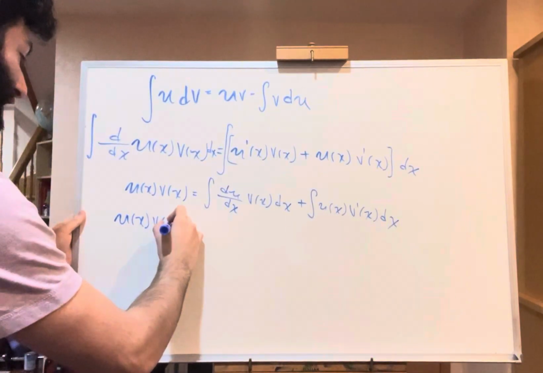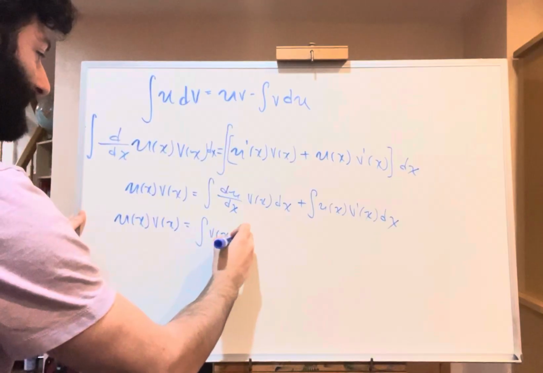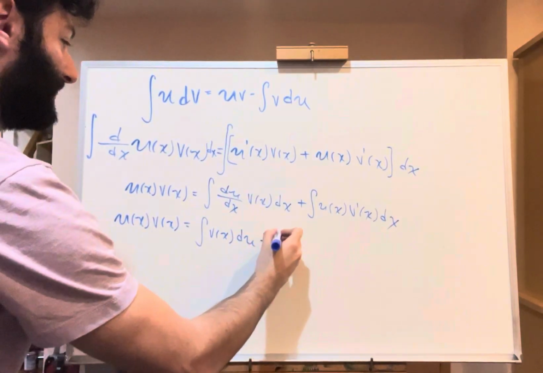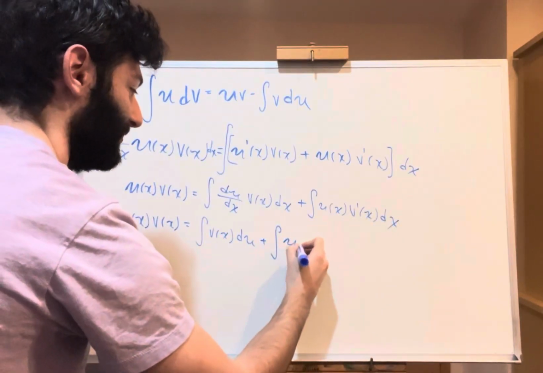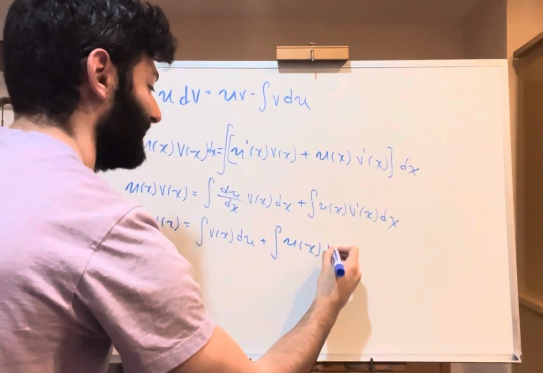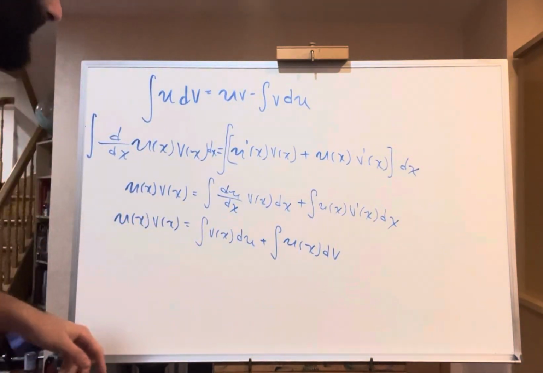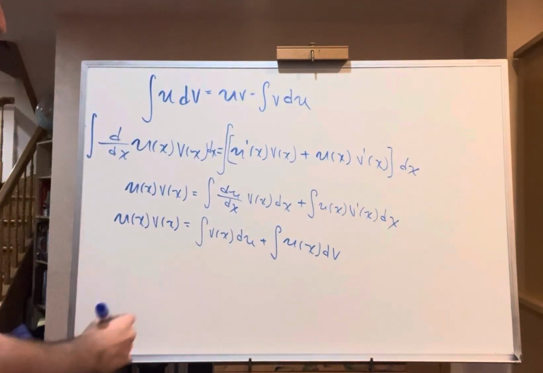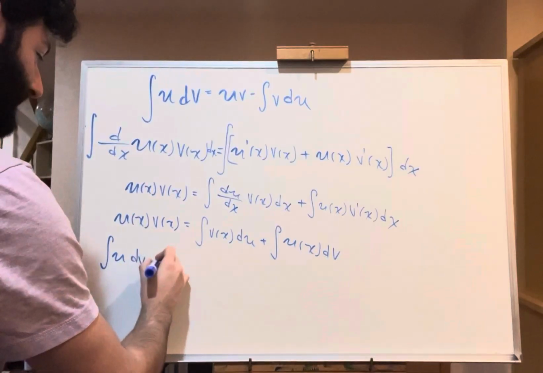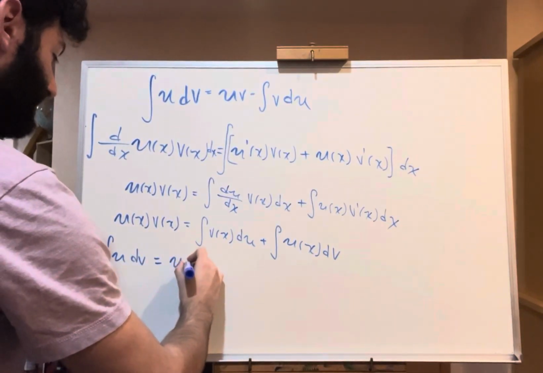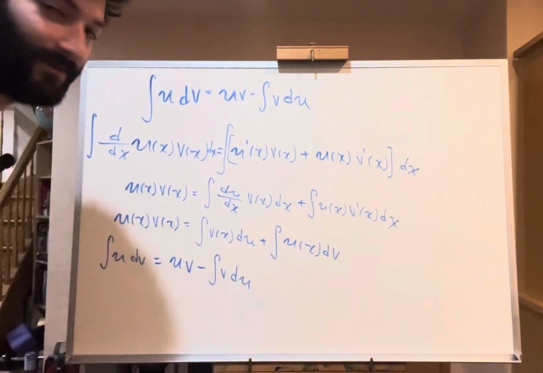Same thing as u of x, v of x, equals the integral of v of x du plus the integral of, well, this is dv over dx, we get u dv. And now if we just get rid of the function notation and rearrange, we get the integral of u dv is equal to u v minus the integral of v du. Right.